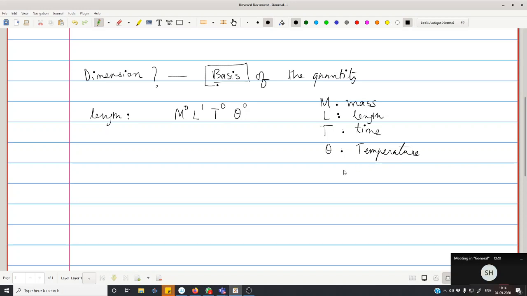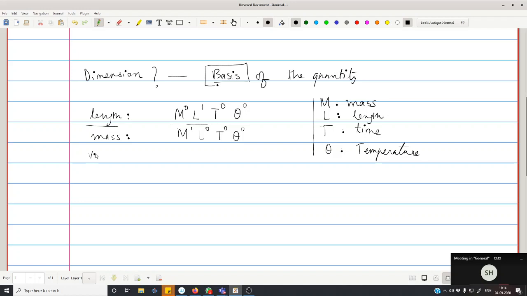Apart from this, you can have units such as amperes and so on, but since we don't deal with all that, let's proceed. So length is a fundamental unit and hence it appears in this list. All these are the fundamental building blocks of all the quantities that we will see. What about mass? It will simply be M to the power 1, L to the power 0, T to the power 0, theta to the power 0.